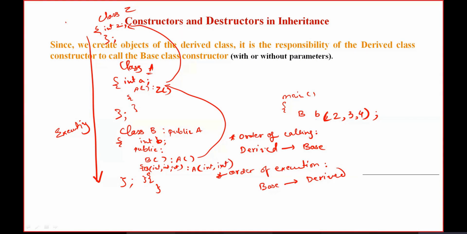So I'll pass 3 and 4 to the constructor of my class A. Now the class A constructor will accept those two values. It will initialize a with the first one, and then the constructor of class Z will get called, and the second value will be passed to the parameterized constructor of class Z.